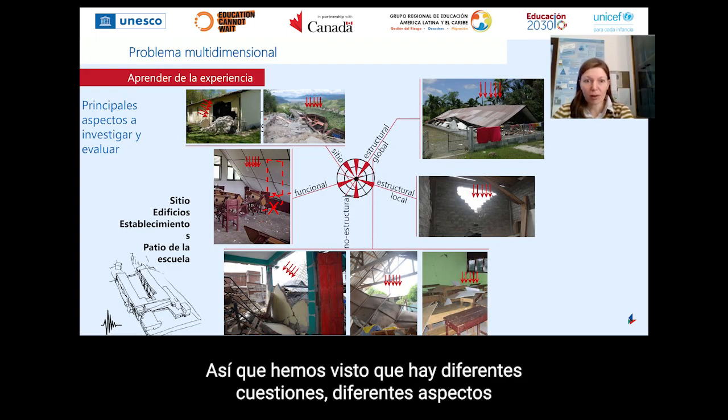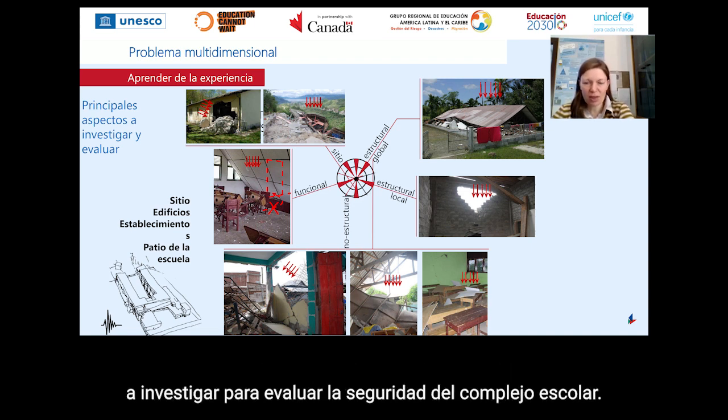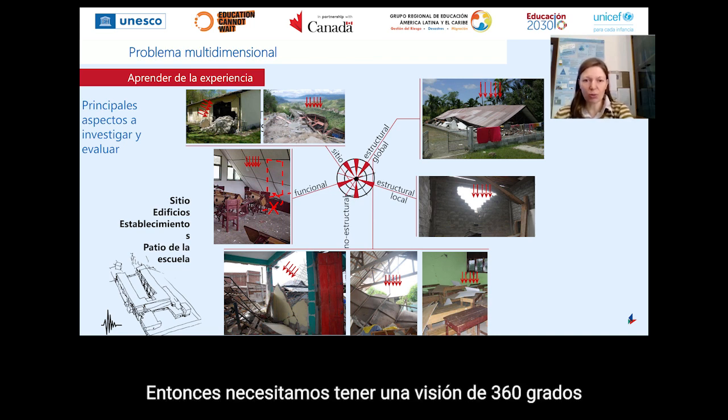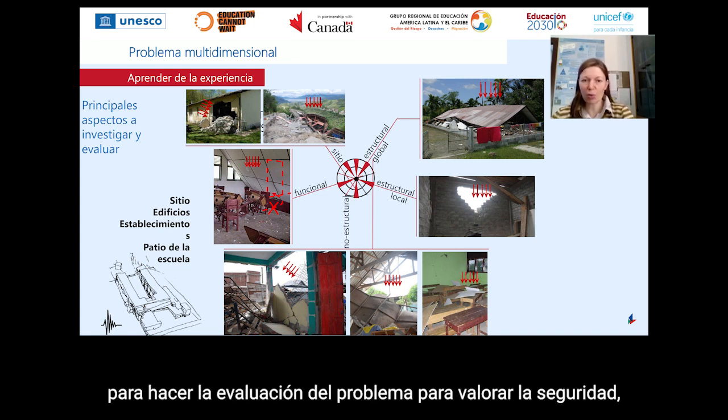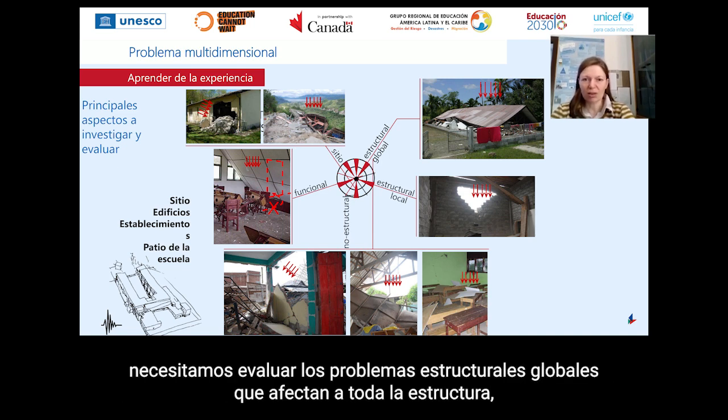So we have seen that there are different issues, different aspects to investigate in order to assess the safety of a school complex. So we need to have a 360 degrees evaluation of the problem in order to assess the safety. We need to assess the structural global problems concerning the entire structure.